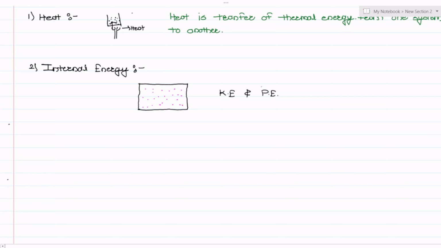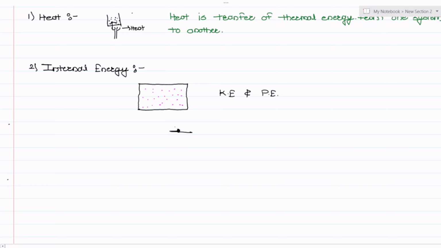What type of kinetic energy? First is, let's suppose this is the molecule which vibrates about its mean position. Means for some time it goes to left, after some time it goes to right. This is vibration. It vibrates about its mean position.